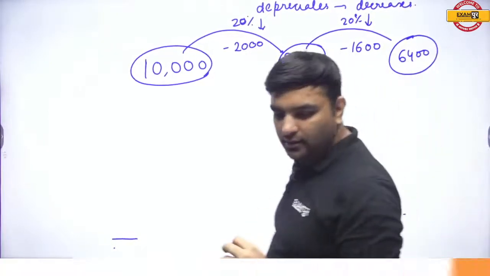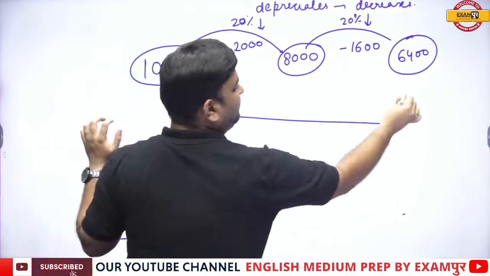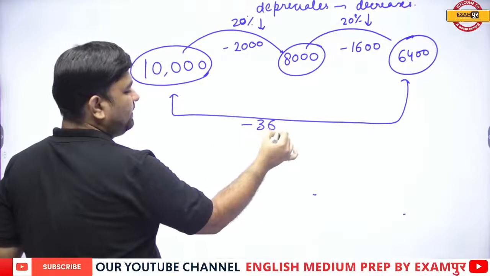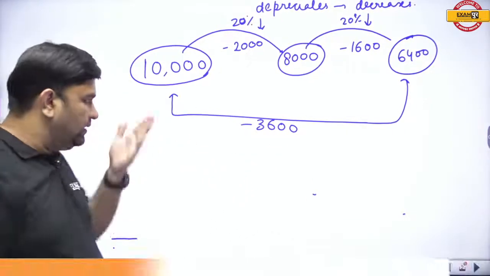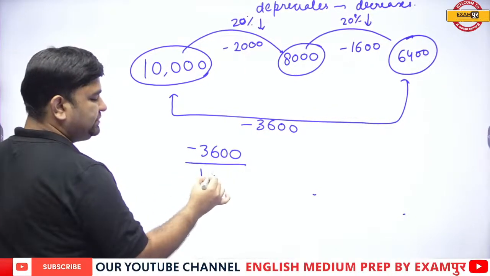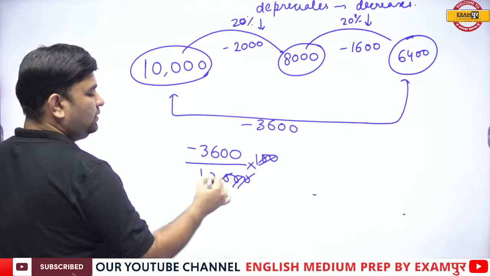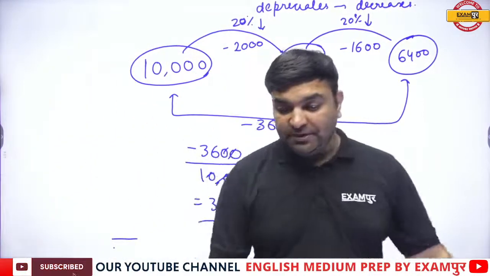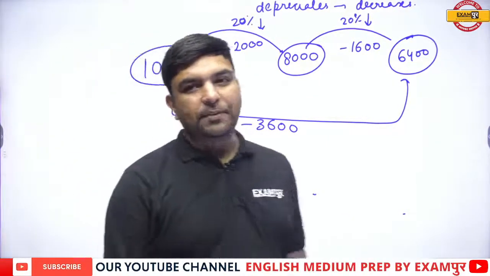So what have you seen? That there is an overall depreciation of 3,600, which means 3,600 depreciation over 10,000 into 100, that is 36% depreciation.